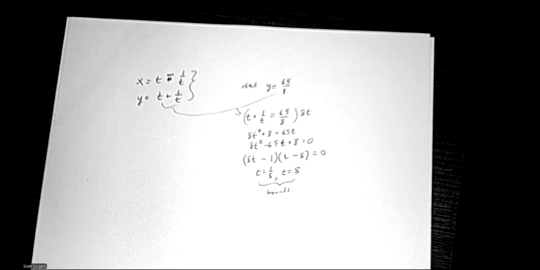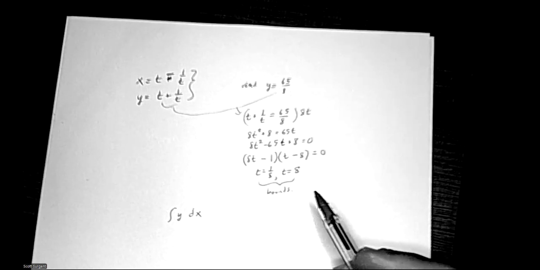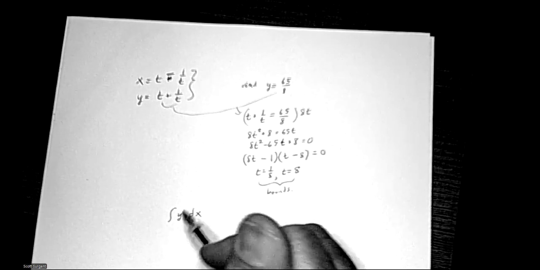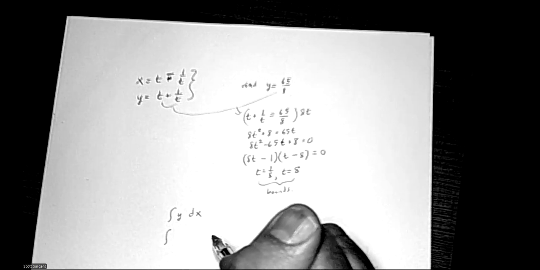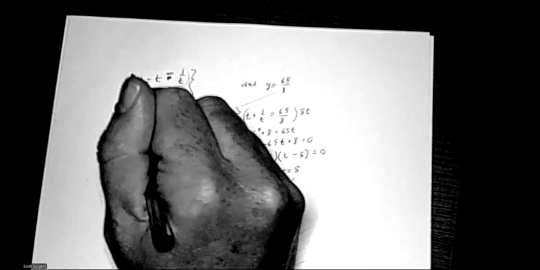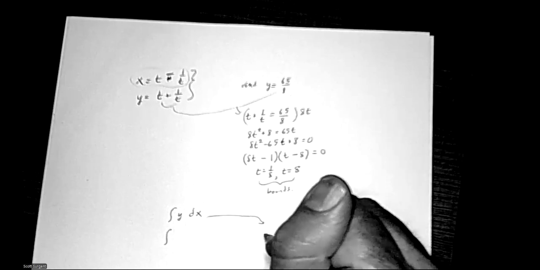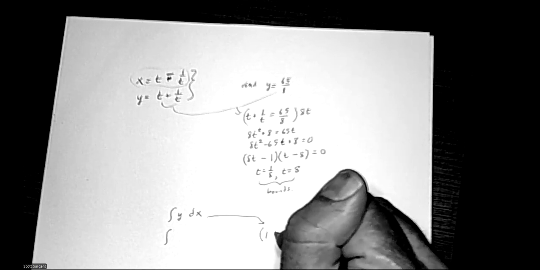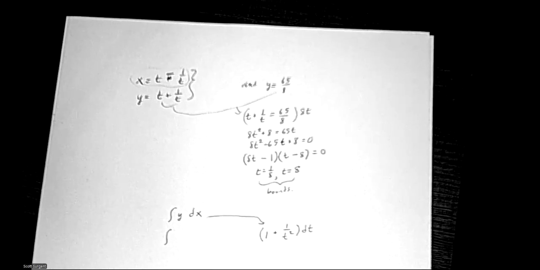All right, so when we integrate, normally we do y dx, which is what you've been doing all along since Calc 1. But now the dx gets differentiated. The dx is going to be 1 plus 1 over t squared dt.